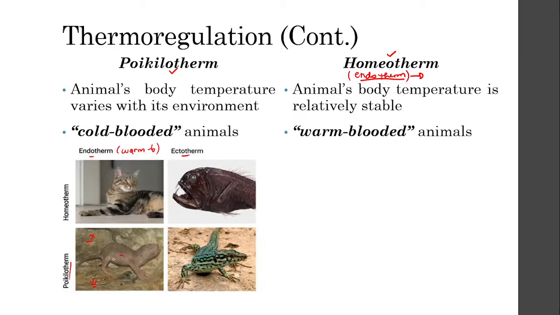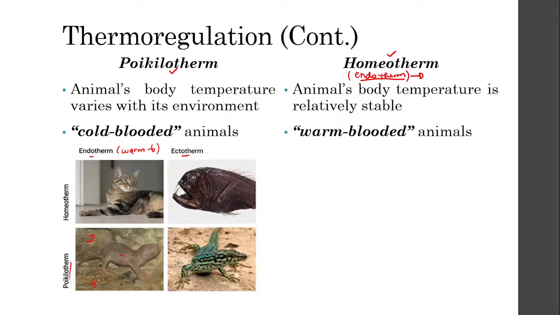So a lot of endothermic animals, which can regulate their body temperature using inner mechanisms, can change their body temperature depending on the environment. And same situation, a lot of ectotherms, which we know as cold-blooded, such as lizards, are not all poikilotherms.